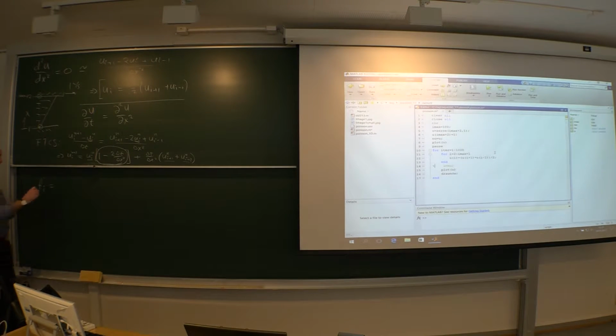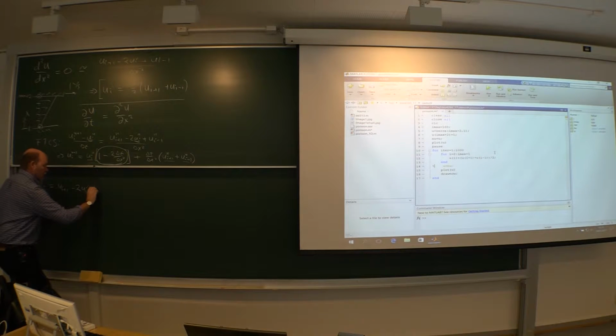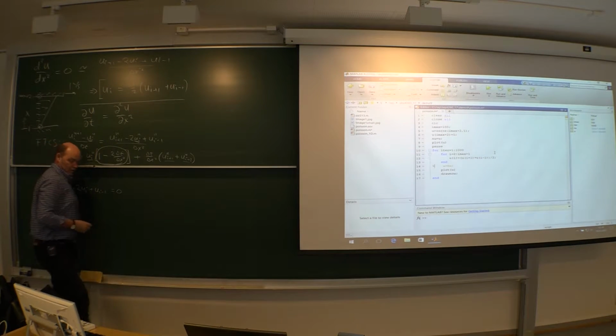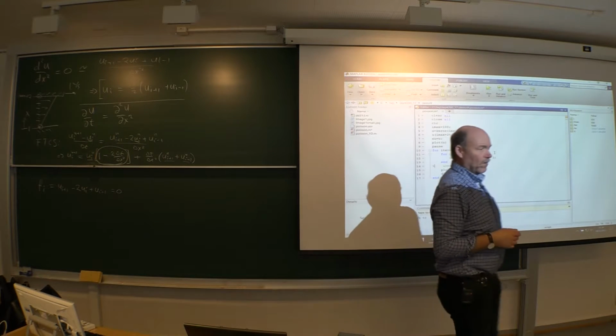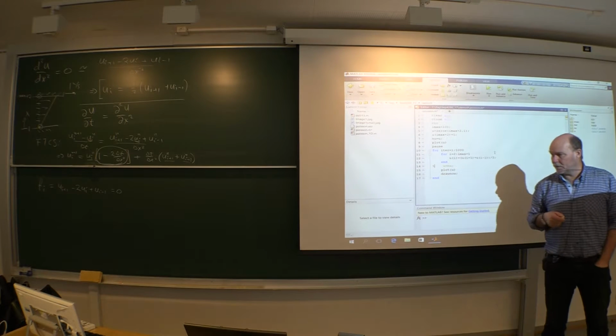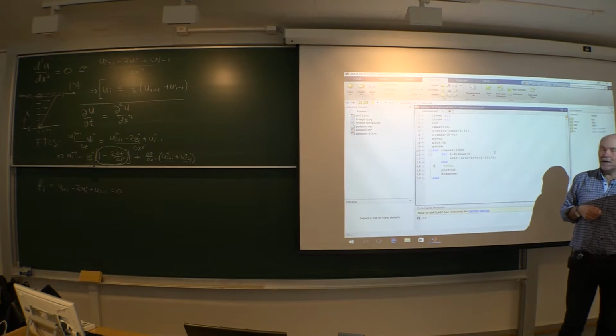So my stencil here reads something like this: u_{i+1} minus 2 times center point plus u_{i-1}. Then, of course, equal to 0. If this one is 0 for all different possible values over the index i, you have found a solution. So I want this f function to be 0 all over the place.